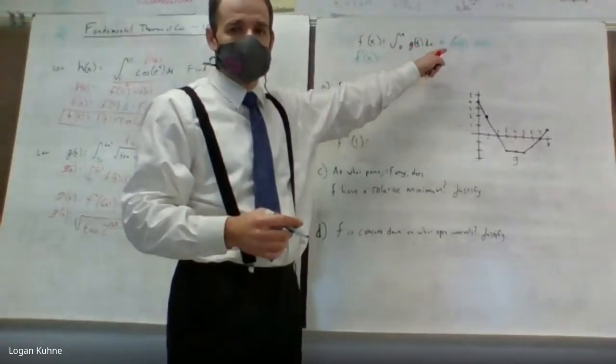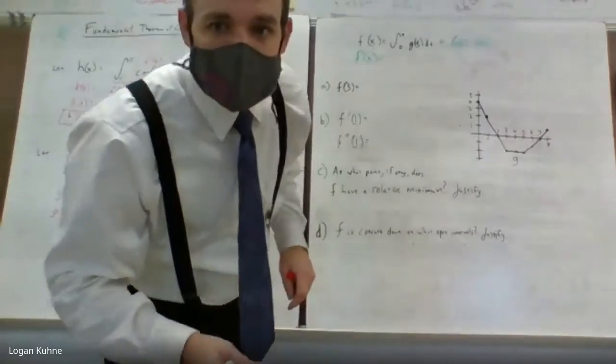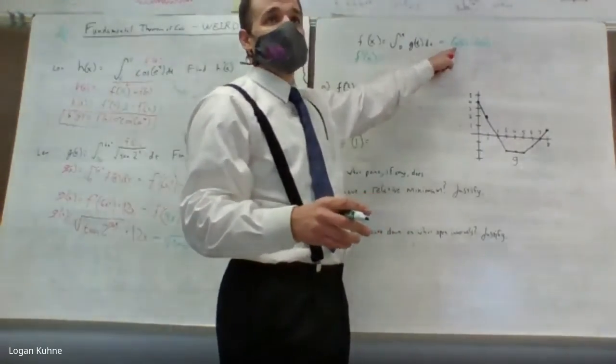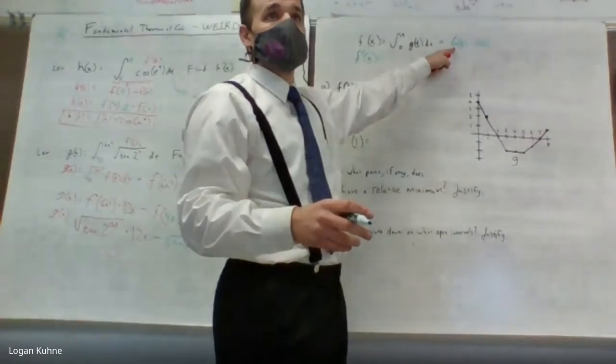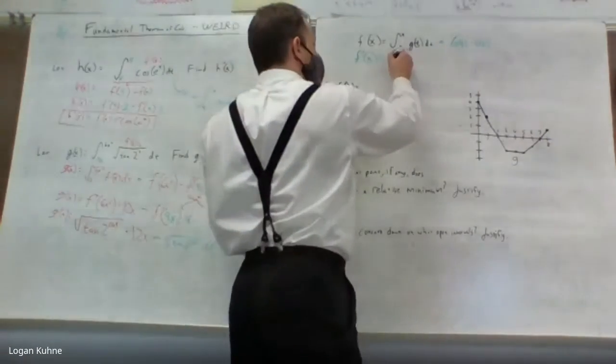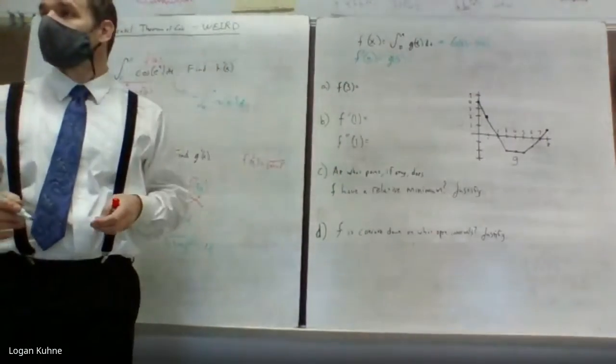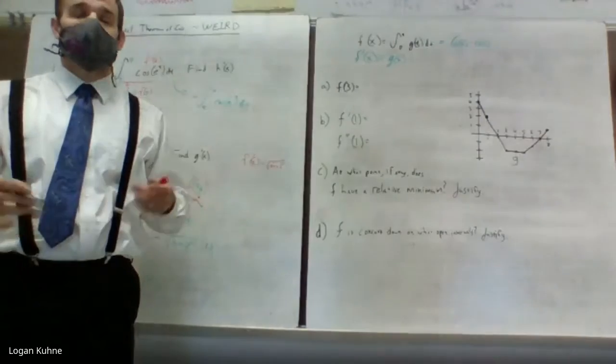But what's the derivative of big G? It's little g. F prime of x is g of x. Right?